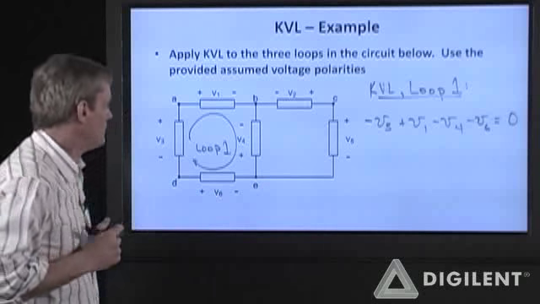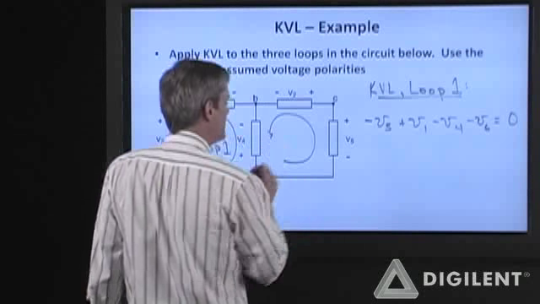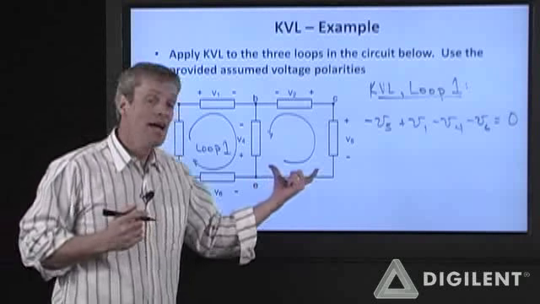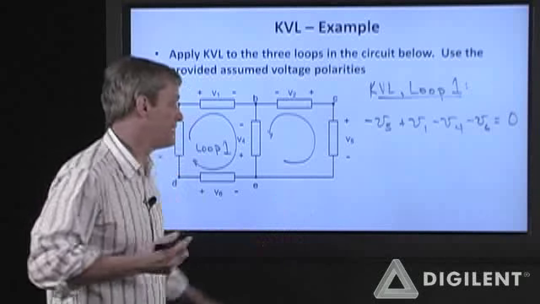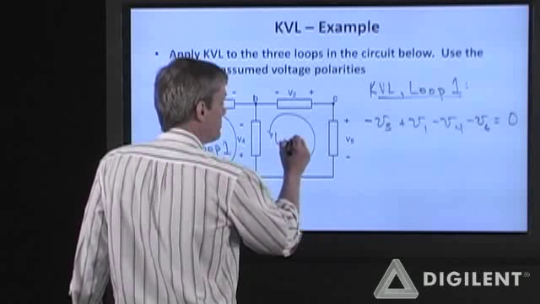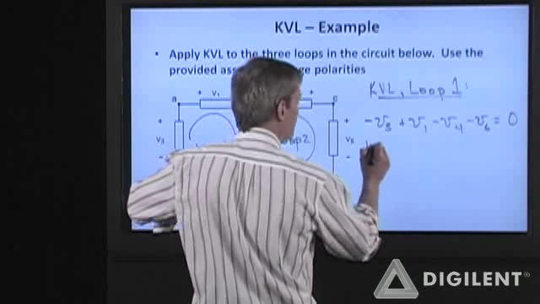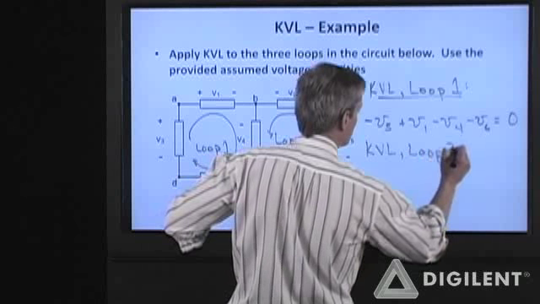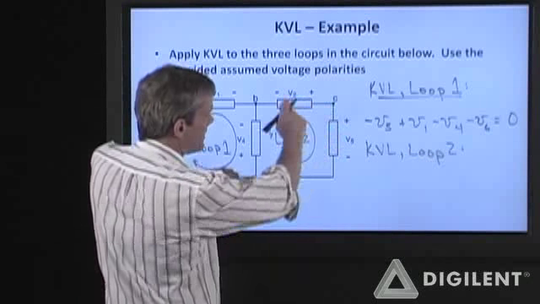This loop here, I normally loop clockwise, but I guess just to show that it doesn't matter, I'll loop counterclockwise this time. As long as I'm consistent, as long as I indicate what direction I'm going, it doesn't matter. So loop 2 is here. Let's start out at node E. I'm going from node E counterclockwise.